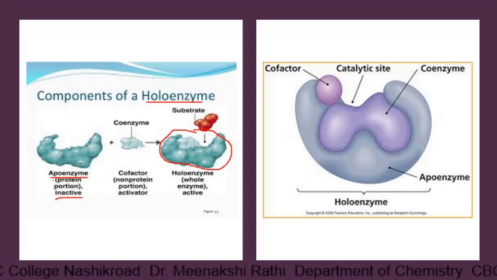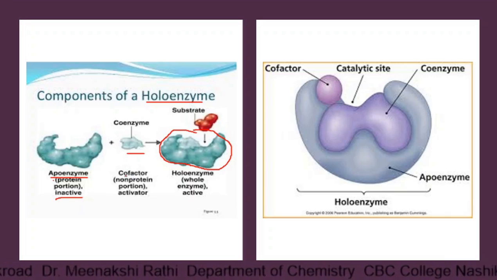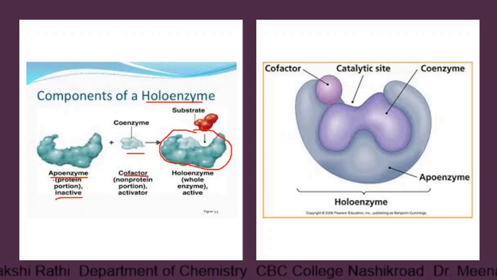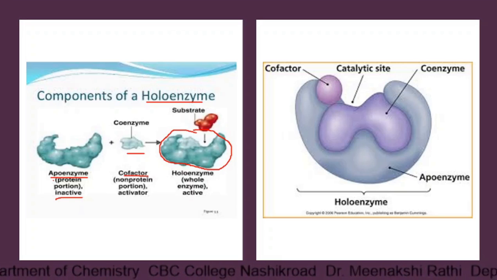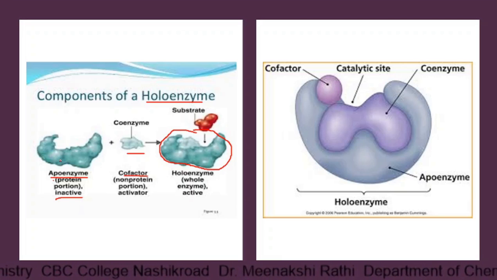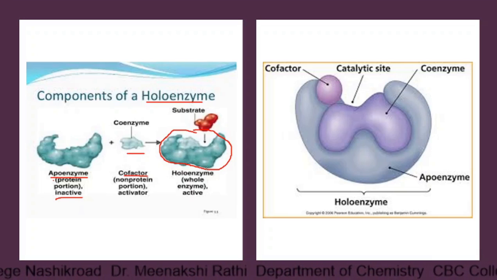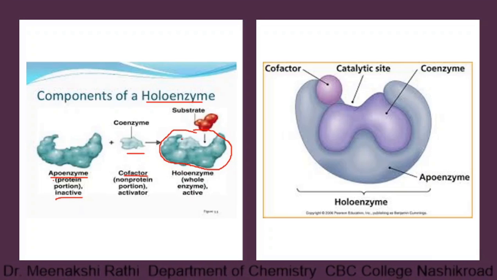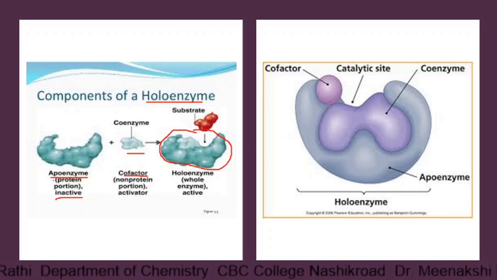But when apoenzyme combines with coenzyme, which is a part of cofactor, and cofactor is nothing but a non-protein part, which is also called an activator, there is formation of holoenzyme. Holoenzyme is very active and it can combine with the substrate and start the catalytic process.